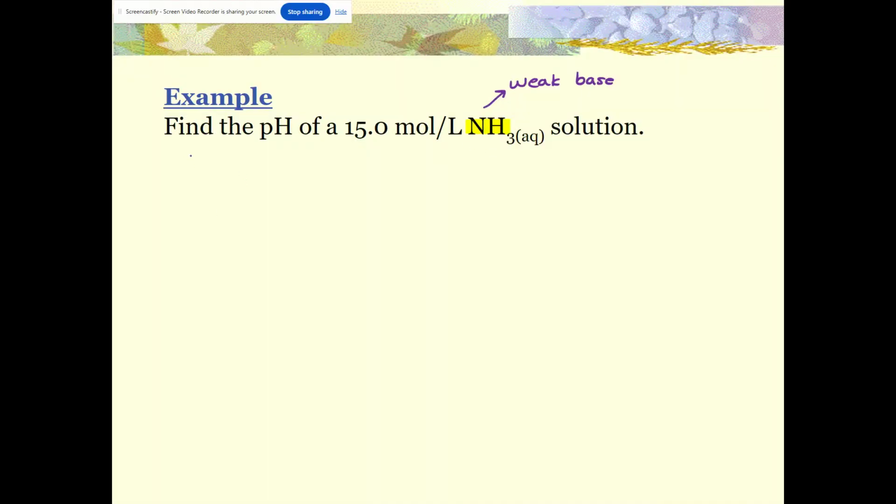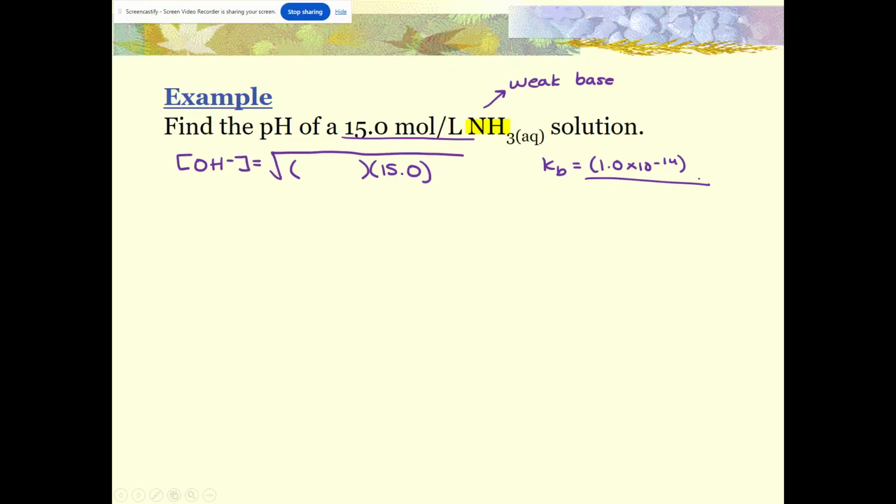So that means, all right, I'm going to start by finding the concentration of my hydroxide ions by taking Kb, which I'm going to find in a second, and multiplying by the concentration of this base, which I'm given in the question. My Kb is going to, again, come from 1.0 times 10 to the negative 14 divided by, I need to get my data booklet out, we have ammonia.